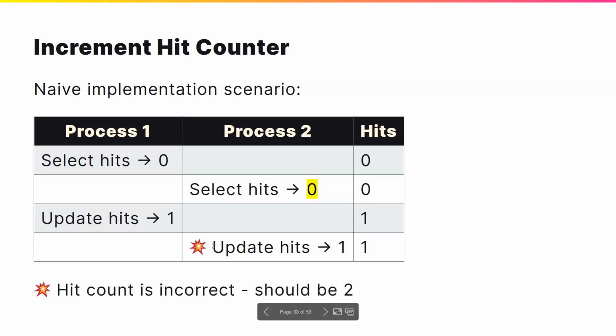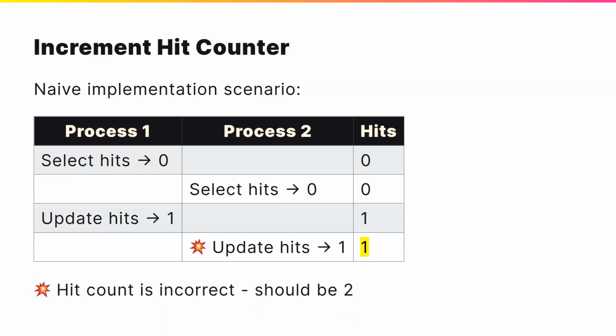So process two also issues an update command to set the hit counter to 1. Now, that's a problem because now the hit counter is incorrect, right? We had two processes trying to resolve the short URL, so it should be 2, but at the end of the process, the hit counter is 1.